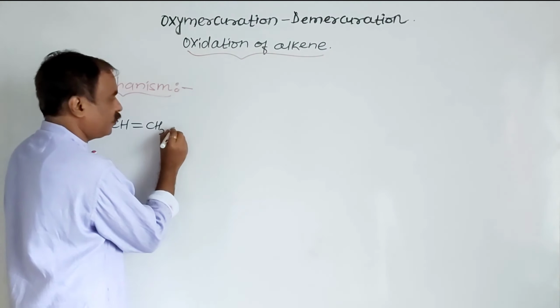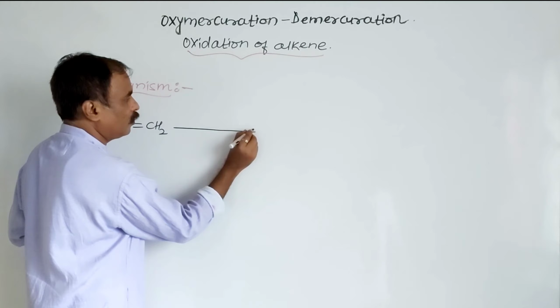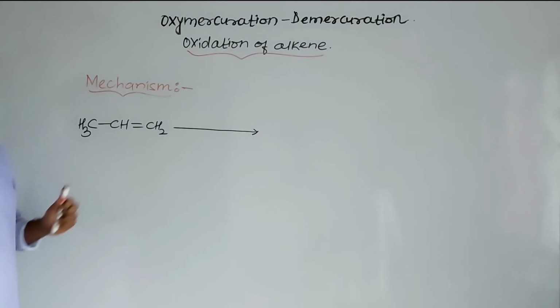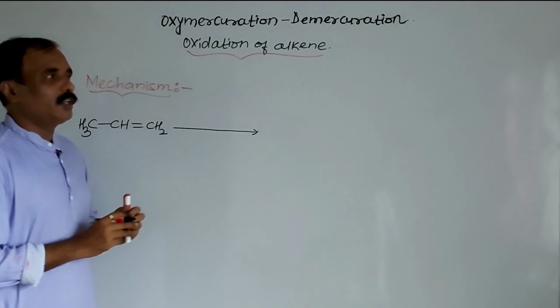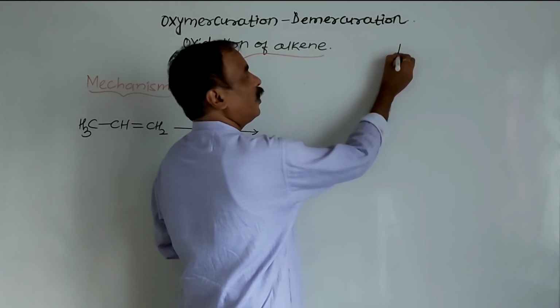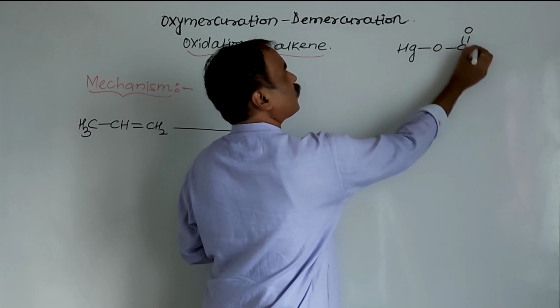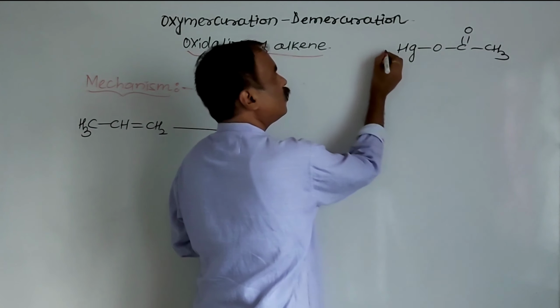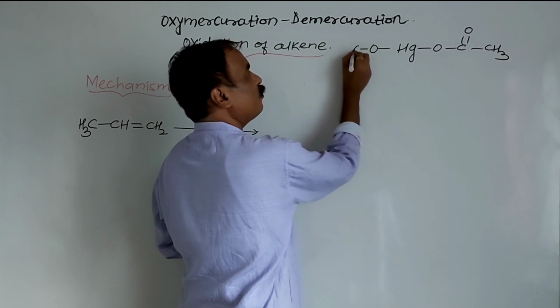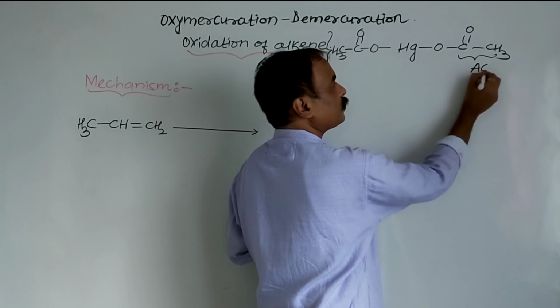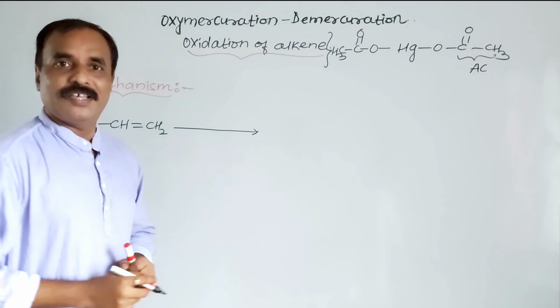A reaction with mercuric acetate. You know the structure of mercuric acetate? Here it is Hg, with OC double bond O CH3, and similarly on this side also the same. So this is mercuric acetate. And we know that for CH3 C double bond O we can write Ac, the acetyl group.